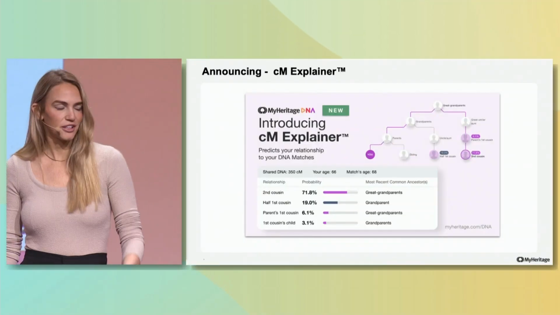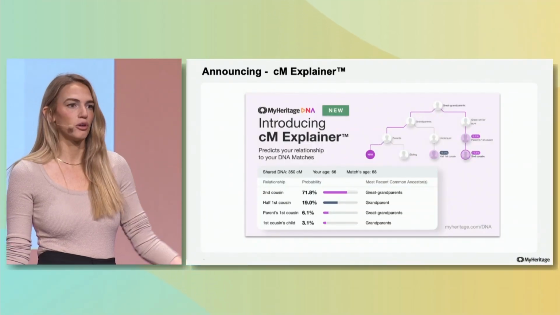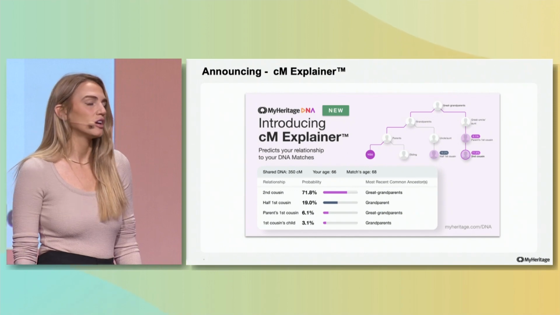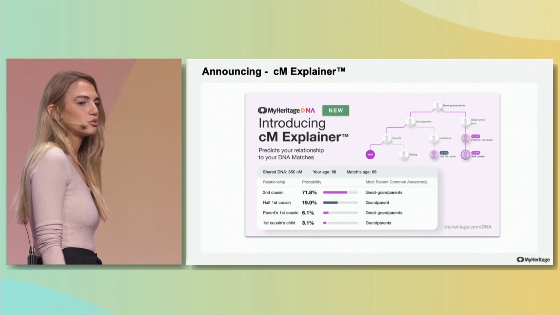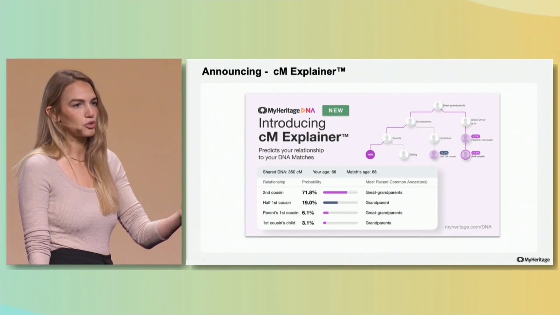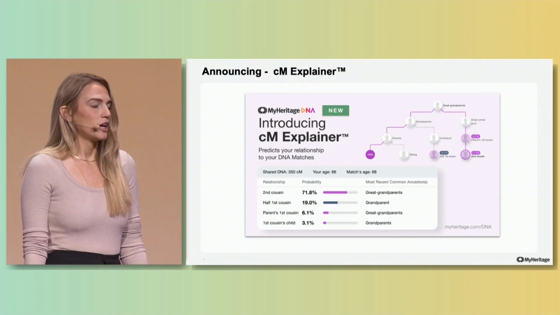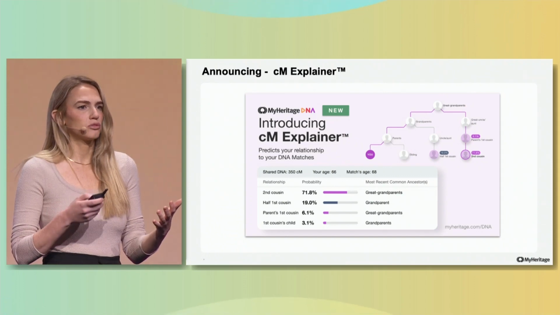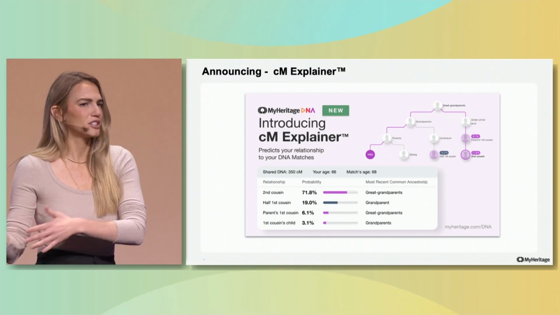But today, I want to talk about a new tool. This tool is called CM Explainer, and some of you may have already encountered it in your MyHeritage DNA results. And this tool comes to help with prediction of relationship to your DNA matches. And I'm going to start a bit by talking about DNA, but how do we get from DNA to relationship?